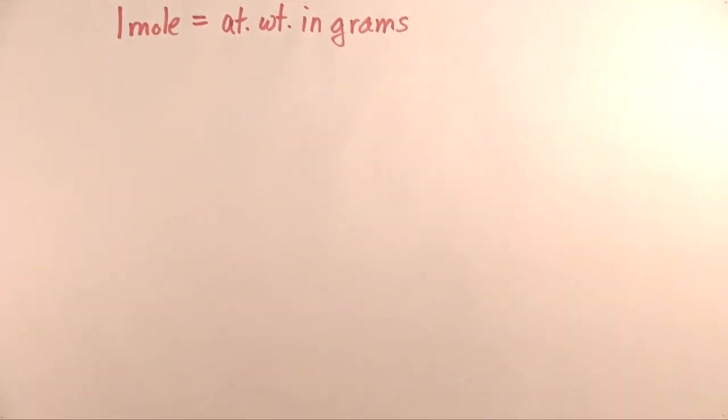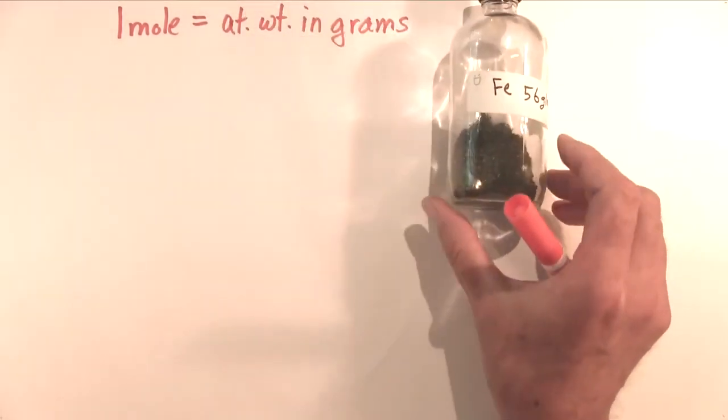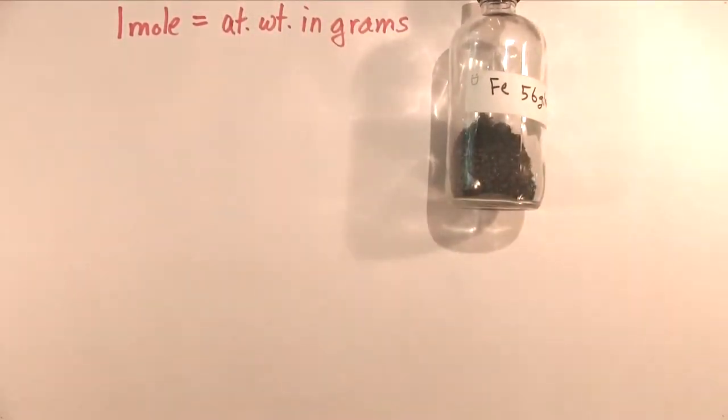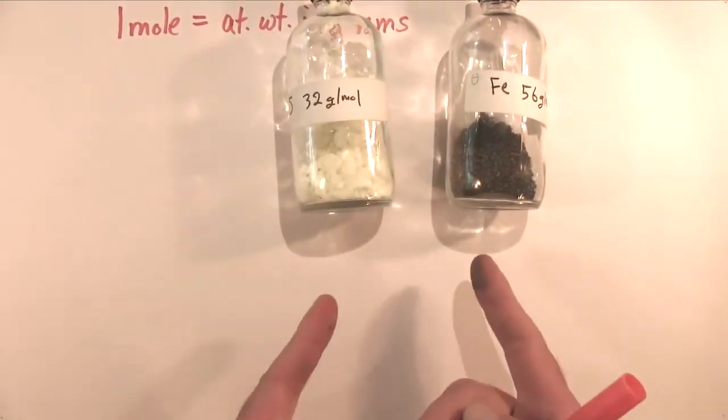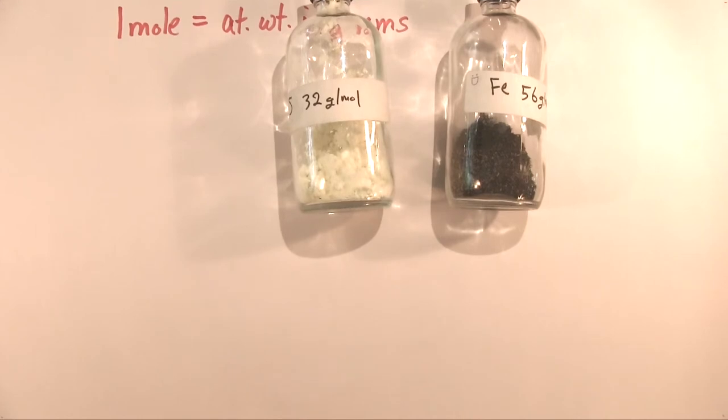So chemists dealt with that for a long time, but they were always wondering, well, how many atoms are in that lump of iron? Or how many atoms are in that lump of sulfur? We know it's the same number, but just how many is that? That number evaded people for a long time.